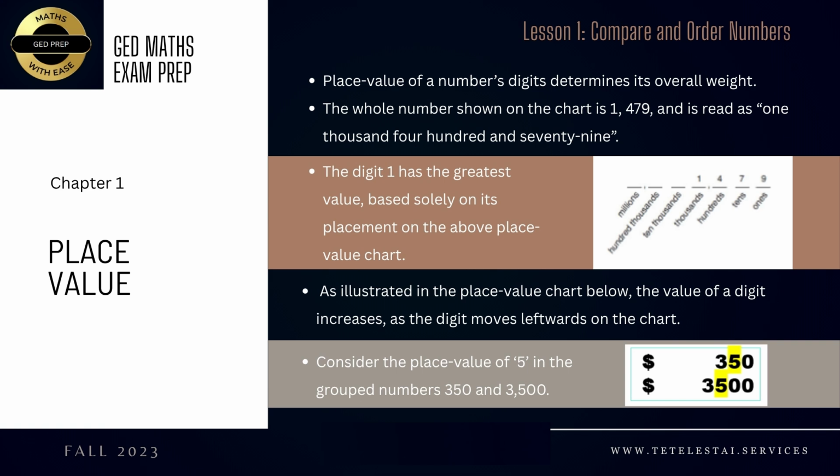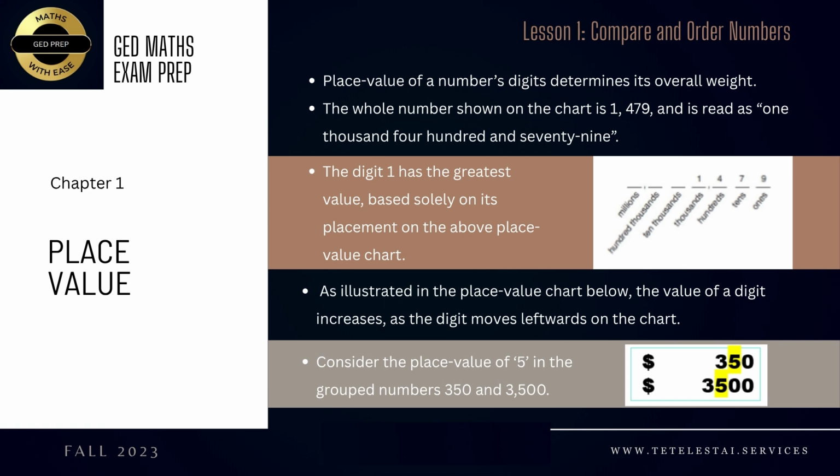So not to belabor the point, but I just want to make sure that you guys understand. You can see that this number 1479 would increase in value with each move to the left on the number line. So for example, if we move the 1 from the thousands position over to the left to the 10,000s position, and then in place of the 1, we put a 0, all of a sudden we've gone from 1,479 to 10,479.